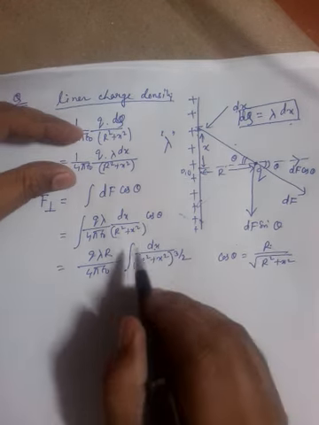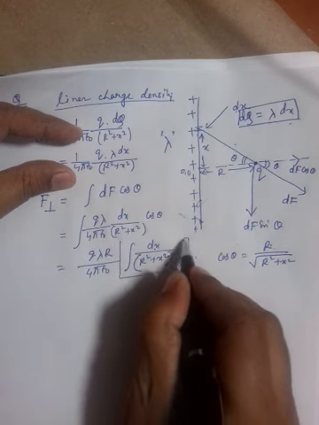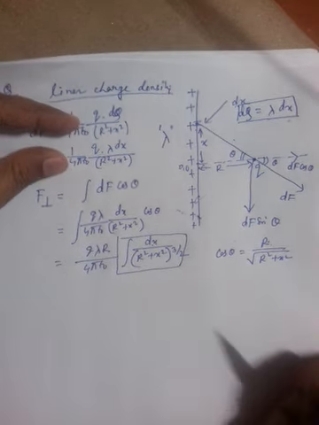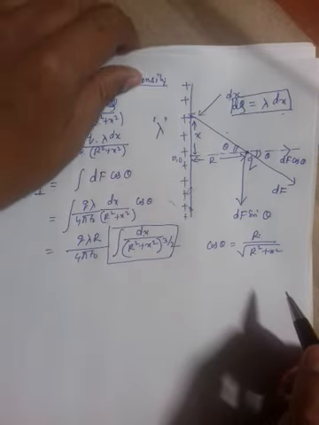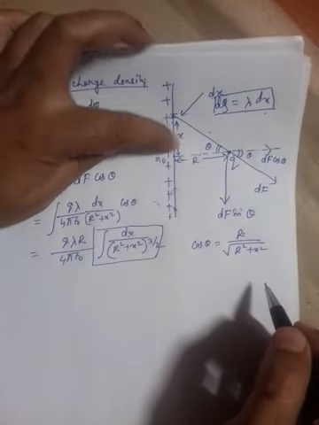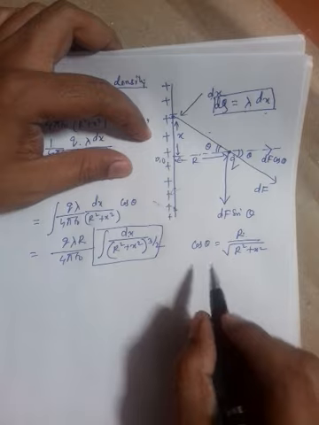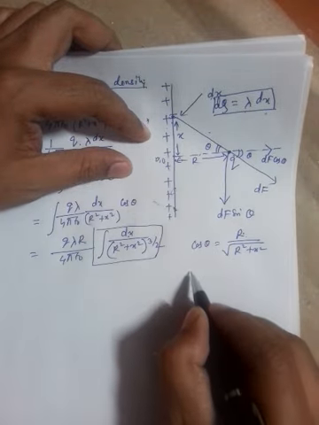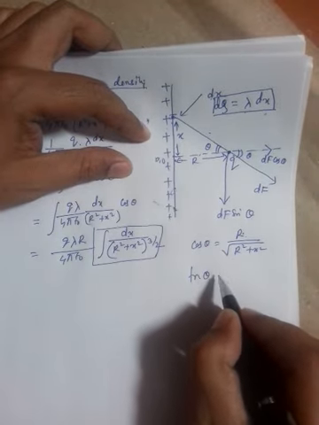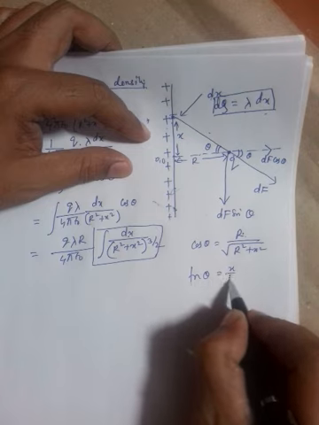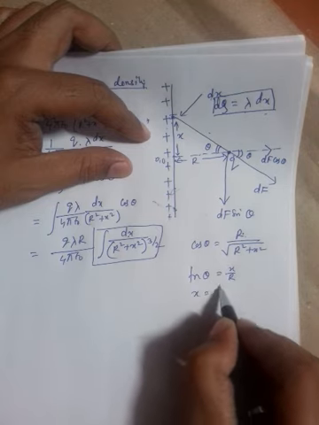This integration again has no direct result available, so some manipulation is required. Look at the figure. From the figure there is a relation between x and r. Tan θ we can write as x by r. So we can write x = r tan θ.